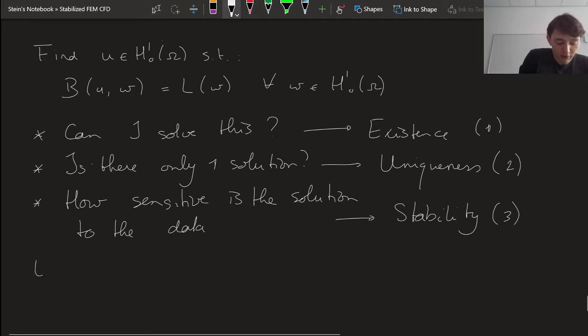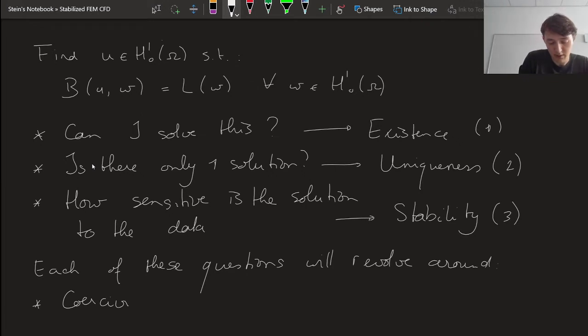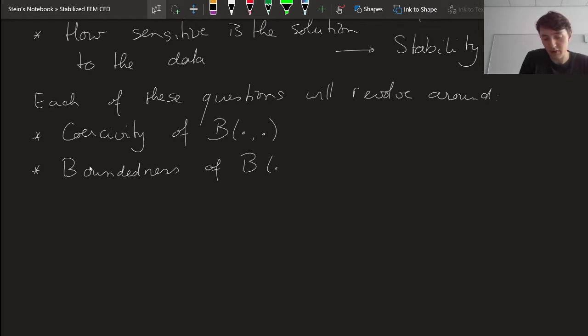Each of these questions will revolve around the coercivity of B, our bilinear form, the boundedness of our bilinear form B, and also the boundedness of the linear form.